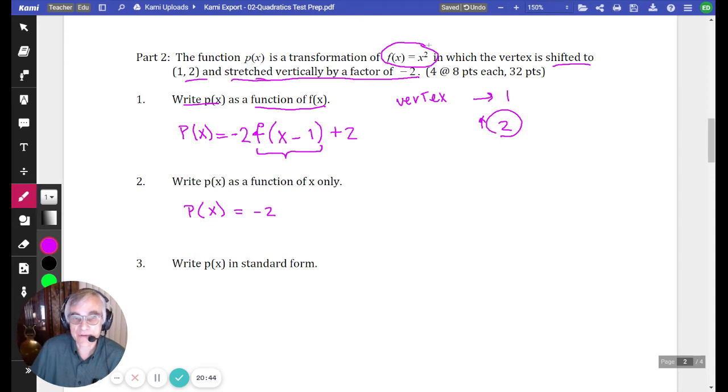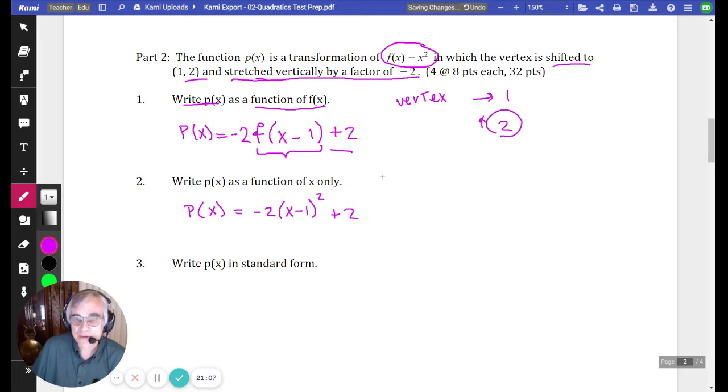It says whatever goes inside the parentheses after the f gets squared. Well, what went into the parentheses after the f in number 1 was x minus 1. So we want to take x minus 1 and square it. And then finally, this piece on the right, we just bring down as is.